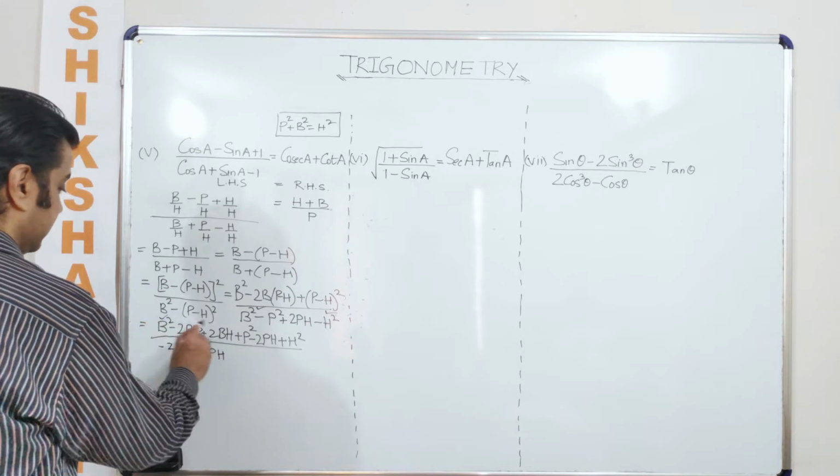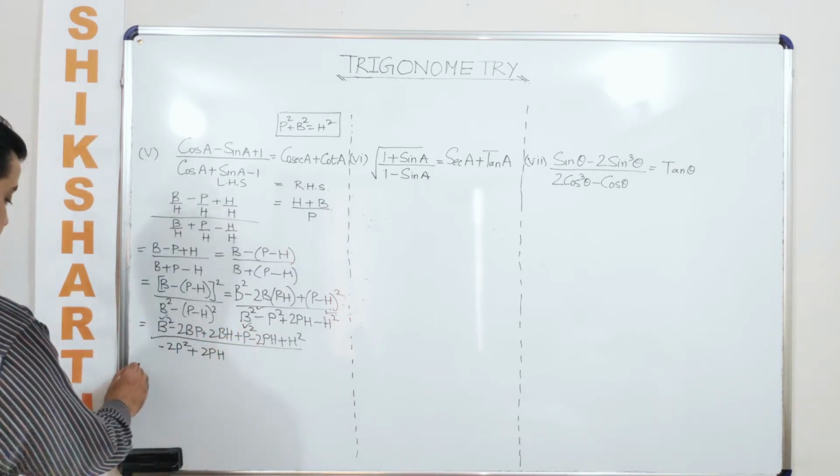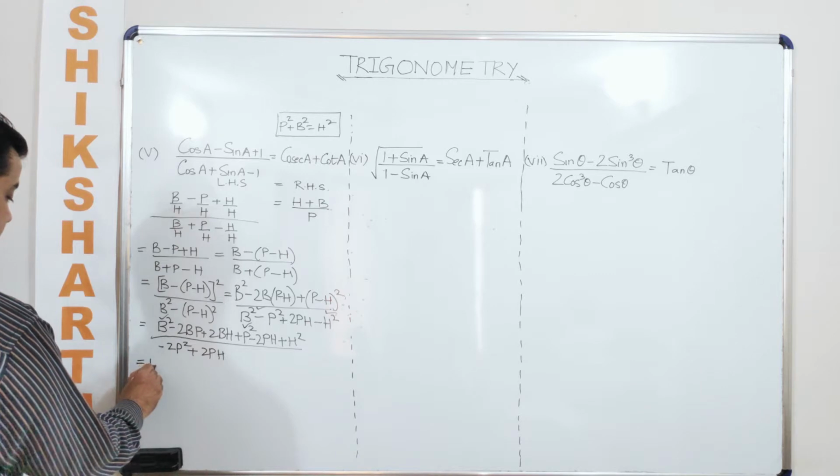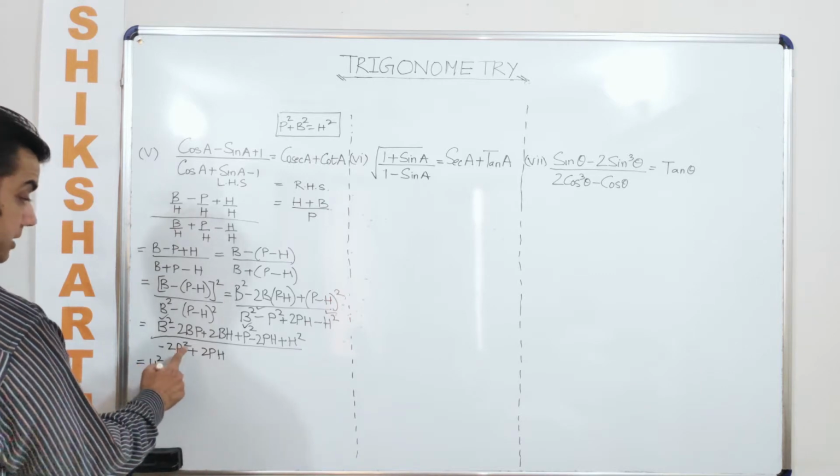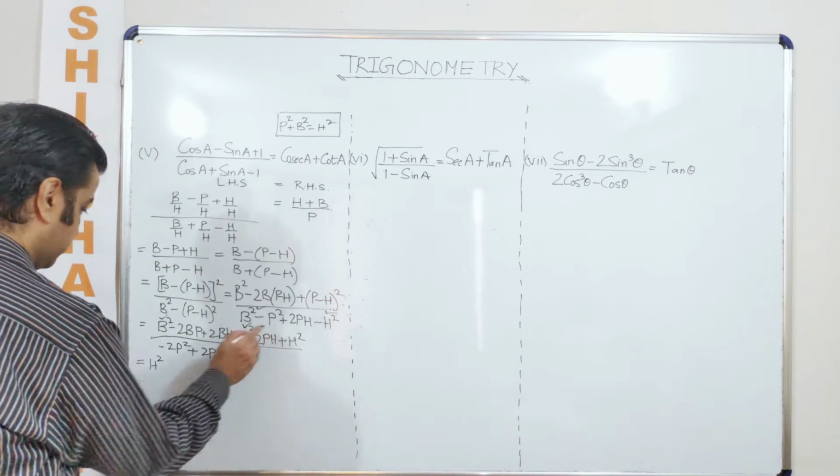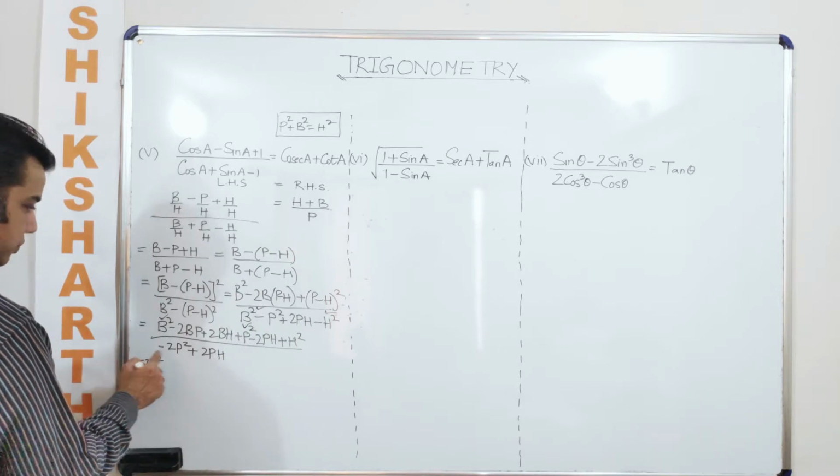Now let us see how to get a p minus h from there. If I combine this and this, I get an h square, and combining this and this, plus this, becomes 2h square.